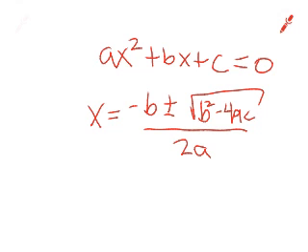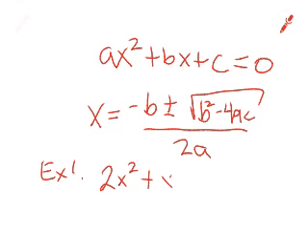So let's take the first example here on your paper that you've got, example 1, and it says 2x squared plus x equals 5. The first thing that I'm going to do with this quadratic is notice it's not in standard form.